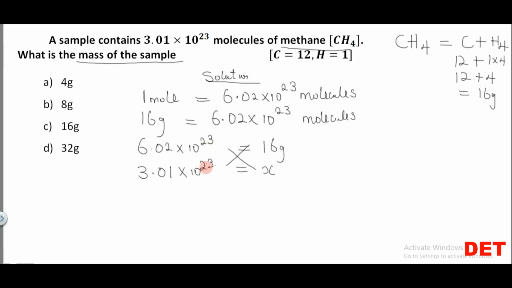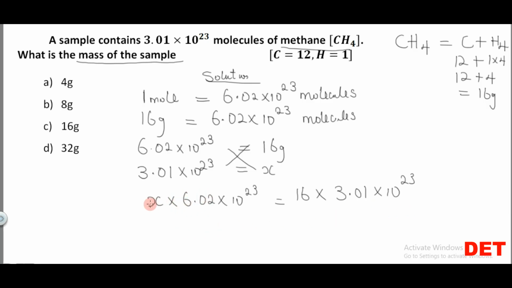So my expression now will be X times 6.02 times 10 raised to the power of 23 is equal to 16 times 3.01 times 10 raised to the power of 23. So what I did here is to cross multiply, and that is what I've gotten here.